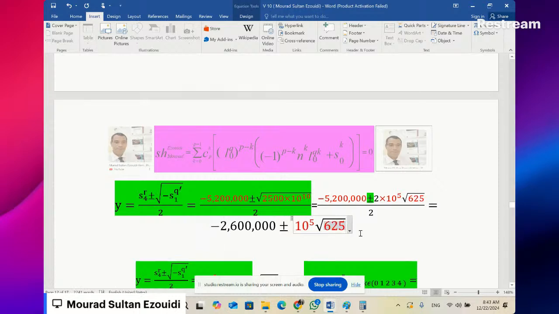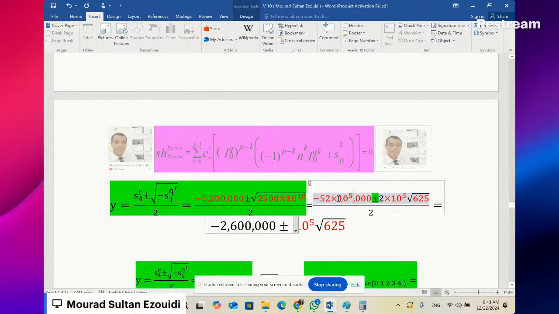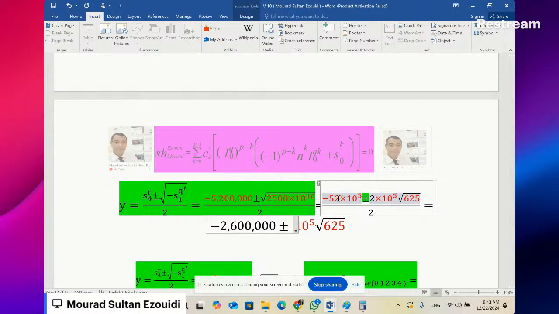Now you can see this one, negative 52 times, I make 52 multiplied by 5 raised to the power 5, then I will erase this 0. Then this one becomes like that, equal to 52.